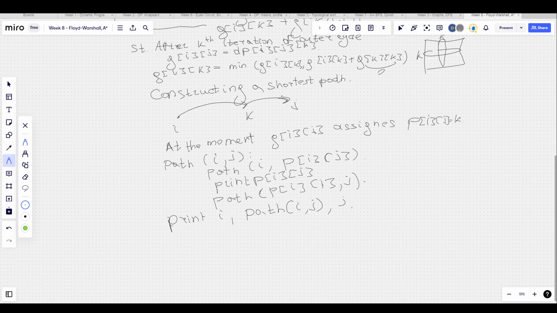And I described how to construct all the paths, all the shortest paths in this algorithm. So this works for n squared.